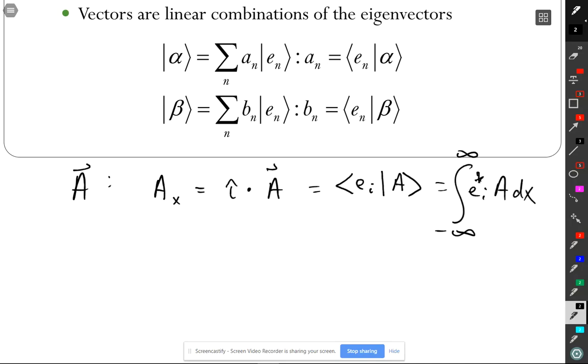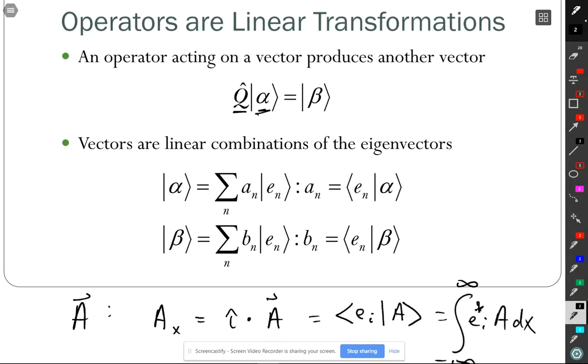And so I have here a few things. A vector A can be written as a linear superposition of my unit vectors. And so the E's, I believe the E actually here stands for eigenstate. The eigenstates are my unit vectors.